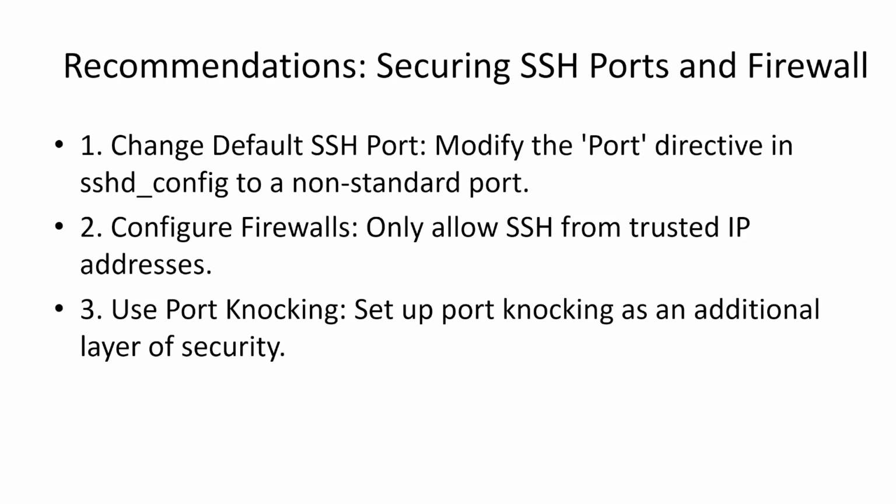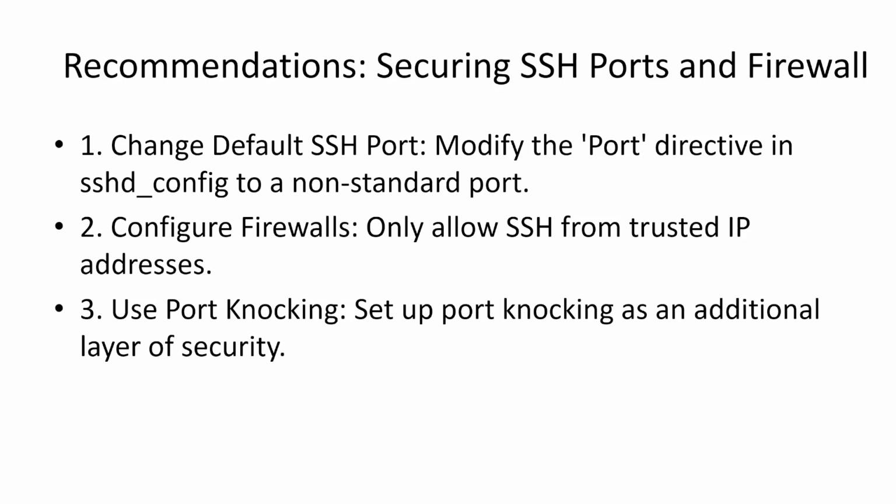Three recommendations for securing SSH ports and firewall. Number 1, change the default SSH port. Make sure to modify the Port directive in sshd_config to a non-standard port. Number 2, configure firewalls.